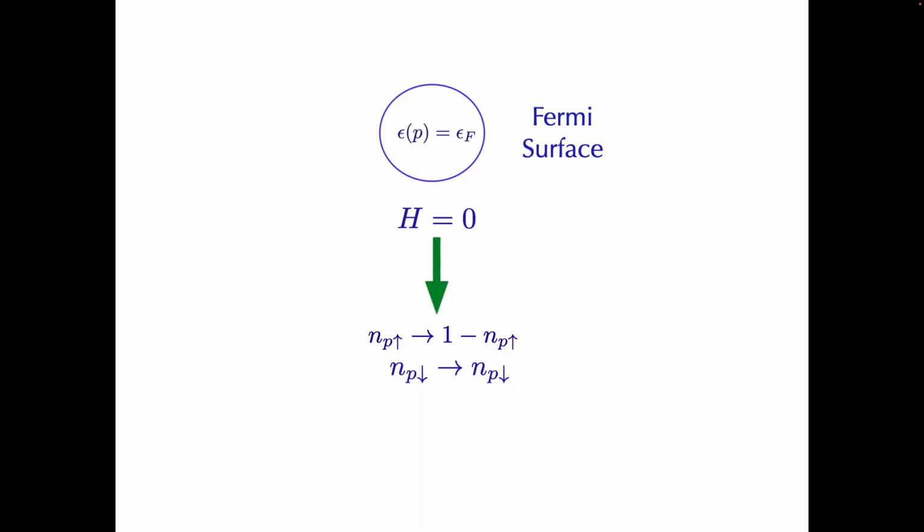So this goes to that, and this one just remains the same. Okay, so that is true. So this is the extra Z2 symmetry that's at the Fermi surface.